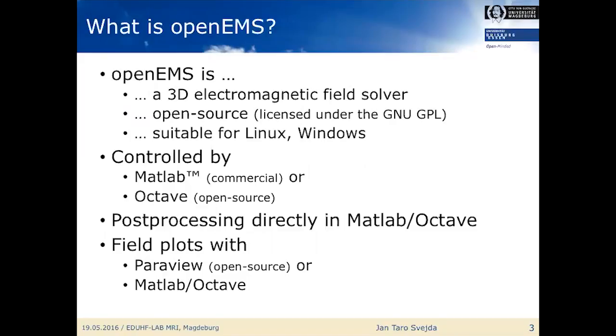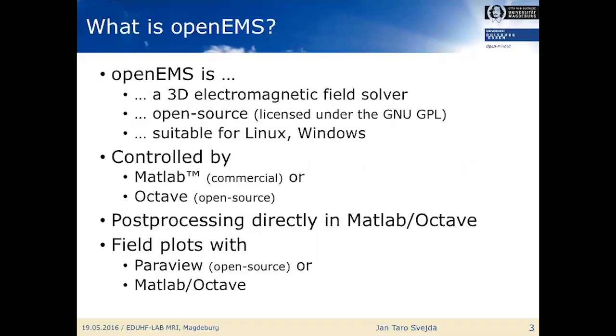Basically it's controlled by a script which you run under MATLAB or Octave. MATLAB is the commercial software, which is very powerful, and Octave is the open source, let's say, almost clone.